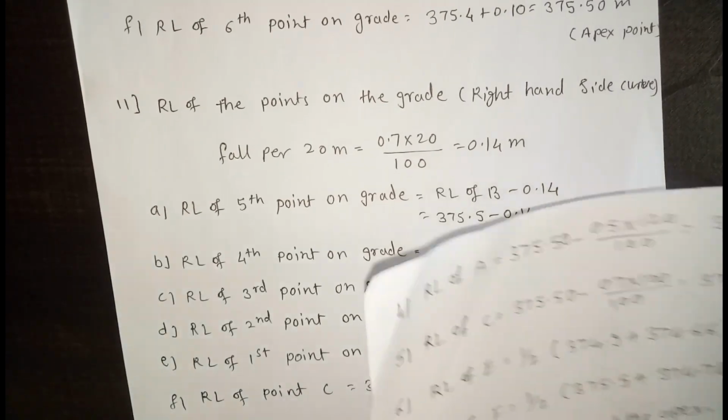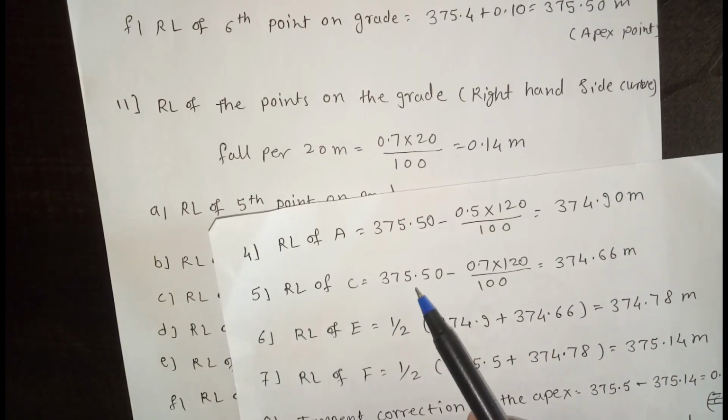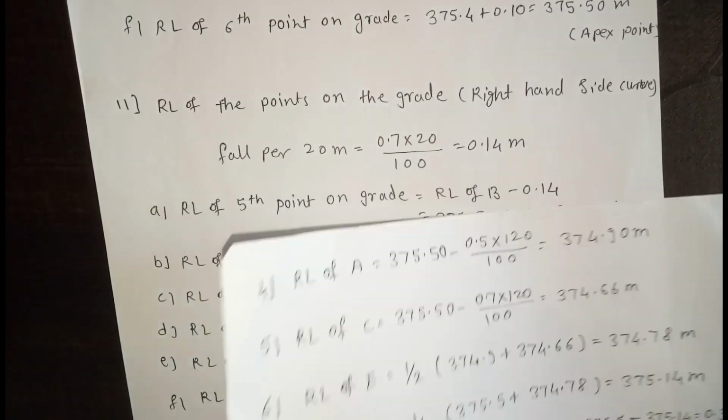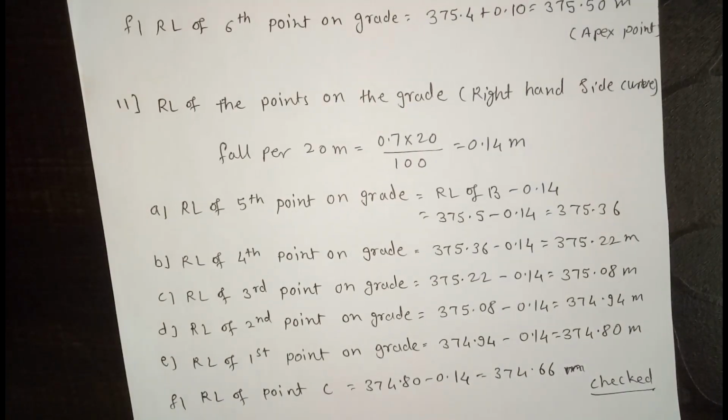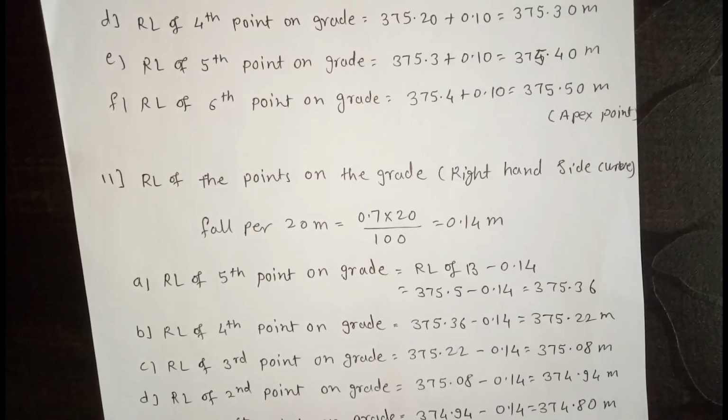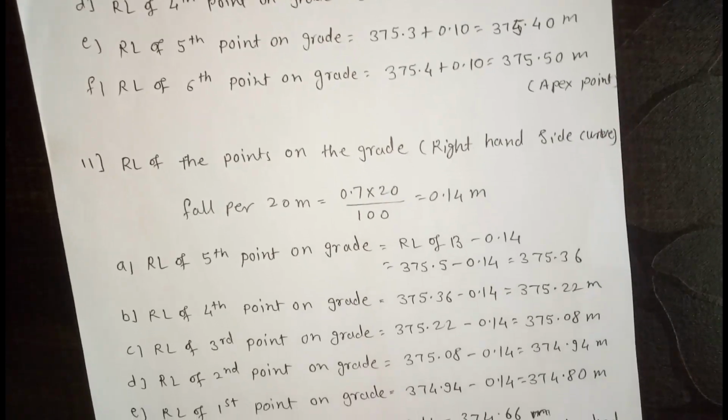This is the check. We have here also calculated RL of C equal to 374.66. So till RL of C we have to calculate the RL of points on the grade.